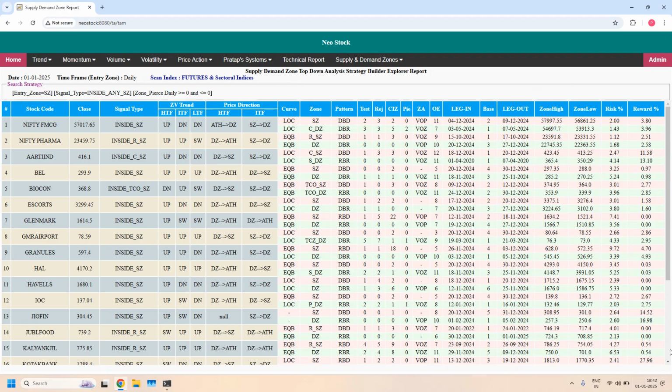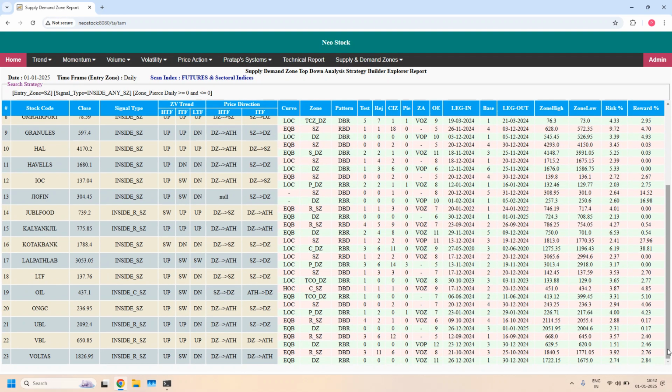And the first 15 stocks in the list where price closed inside the daily supply zone. Let me scroll the list down. Total 23 stocks are filtered where price closed inside the daily supply zone.